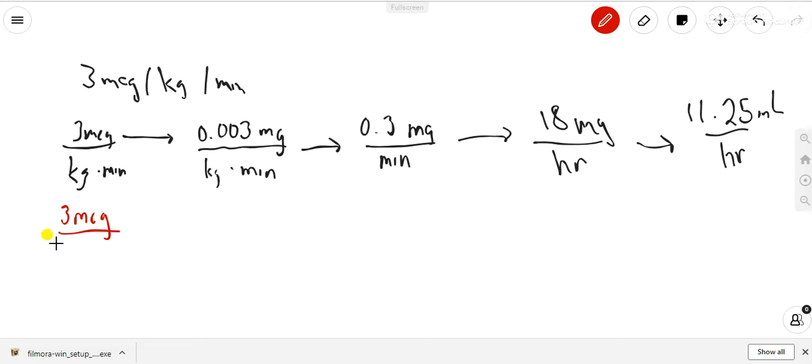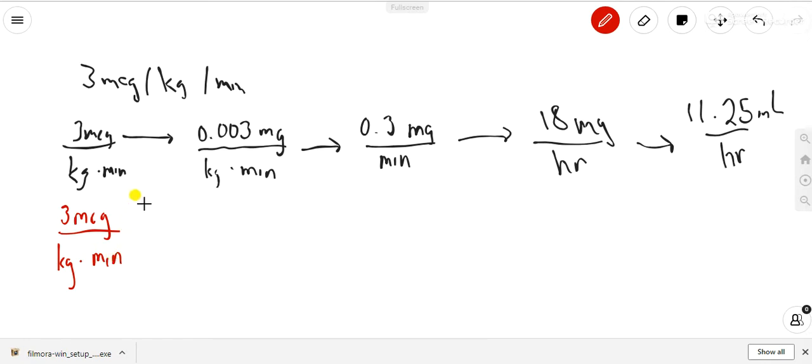From the last video we realized that 3 micrograms per kilogram per minute is 3 micrograms per kilogram times minutes.